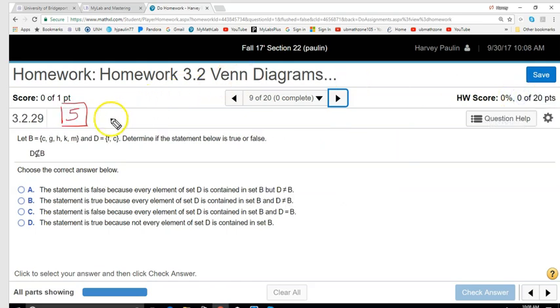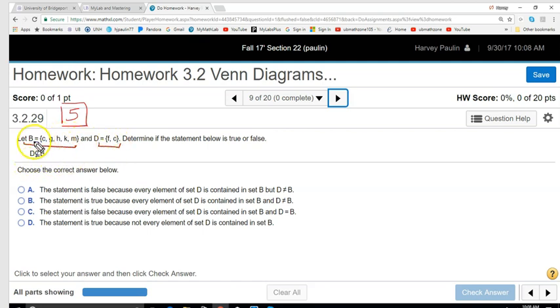All right, in number 5, we're looking at set B and then set D. Now they're saying, and you have to know how to read this, D is not a subset of B. Now notice where both sets contain a D, set D here also contains an F that's not found in B. So is this statement true?